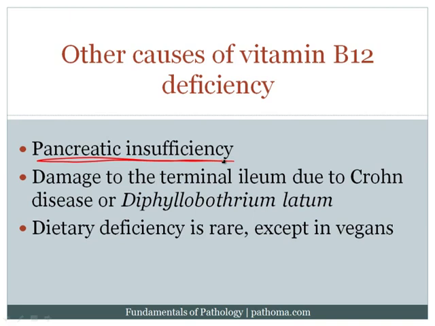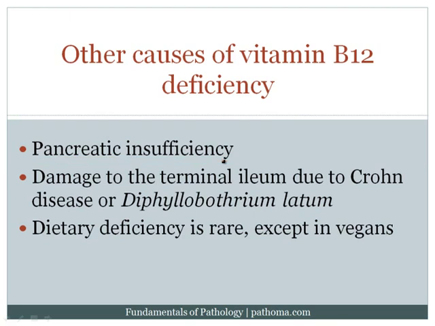And it's in the small bowel that the pancreatic enzymes, particularly the proteases, will cleave away R binder, which will then allow intrinsic factor to bind vitamin B12. If there's pancreatic insufficiency and the enzymes are not produced properly, this could result in a vitamin B12 deficiency. So that would be one additional cause of vitamin B12 deficiency.